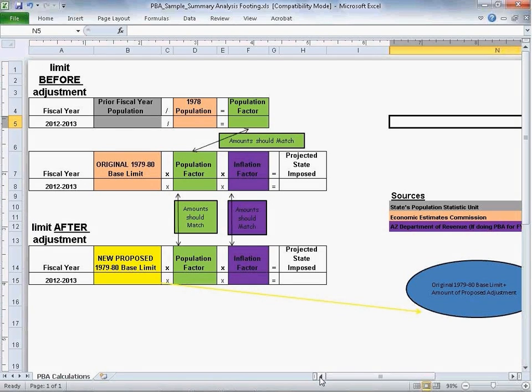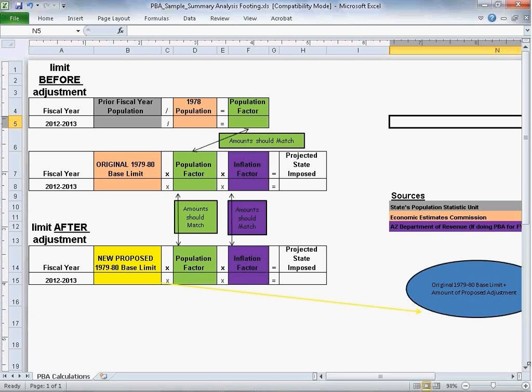One of the most common errors we run across in these calculations is using the wrong year's population number in the calculation. So, which years should you use? Well, amounts in the calculation should begin with the calendar year, that is 2 years before the fiscal year of the permanent base adjustment. The reasoning behind this is that the EEC calculates the expenditure limitation in the year before the fiscal year to which the adjustment applies.